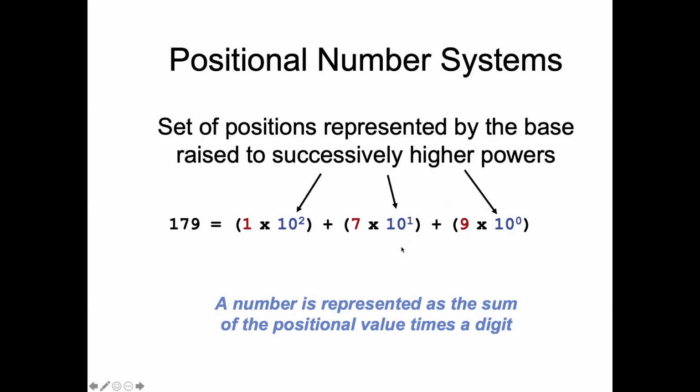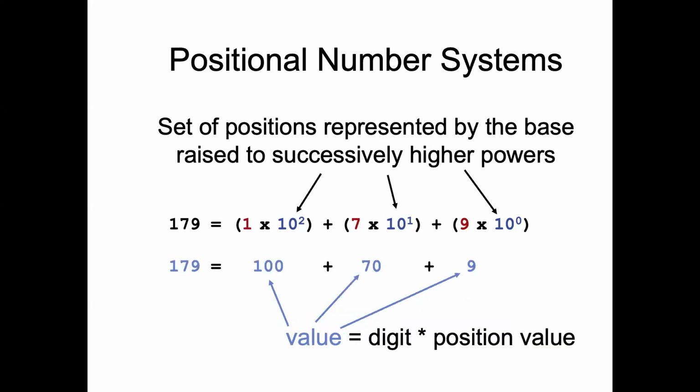And the highest order digit, the 1 here, is worth 1 times 10 squared. So this shorthand notation, 179, is really a way of writing down 100, 1 in the hundreds place, plus 7 tens, 7 in the tens place, and 9 ones, 9 in the ones place.